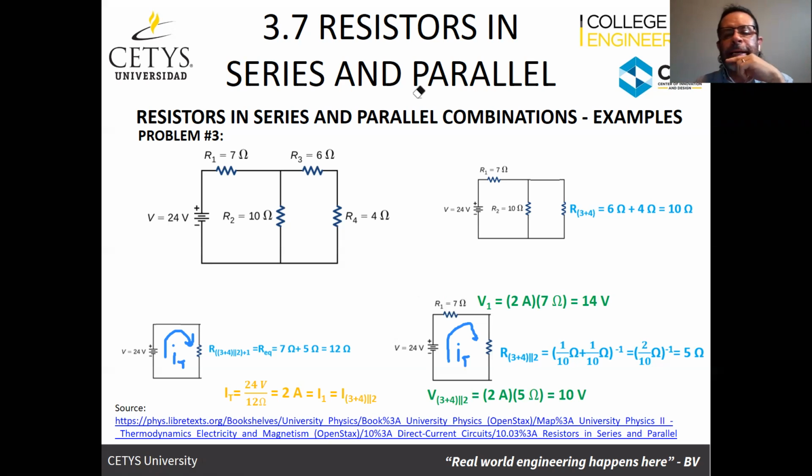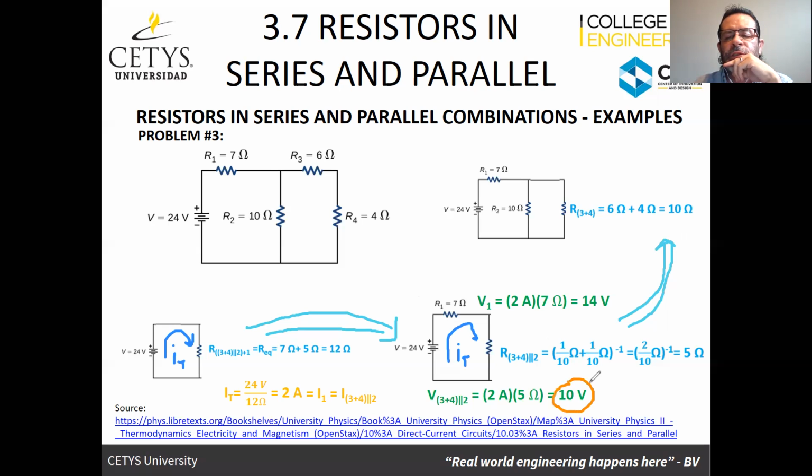Now let's go back. Again, what we're doing is going the other way around. We're going from here to here. And we know that this resistor, since it's in parallel, is going to have exactly the same voltage as 3, 4.